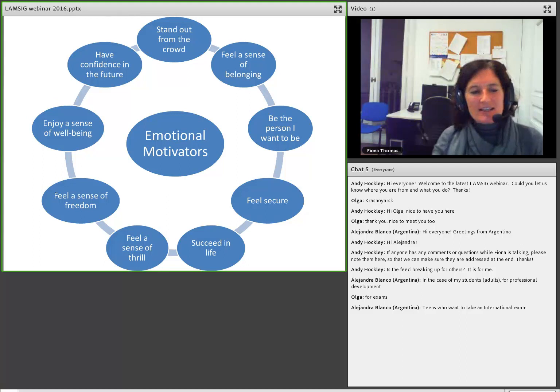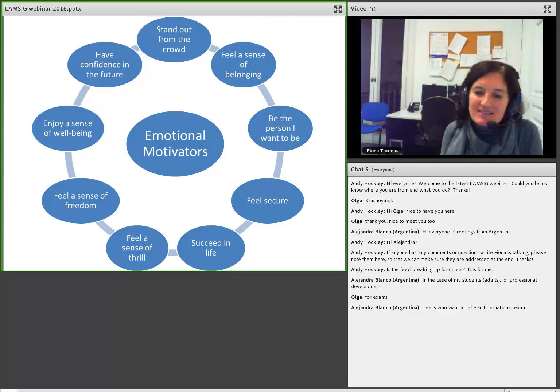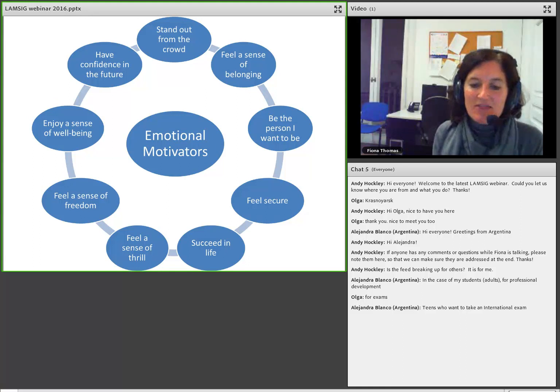And I find it fascinating. There's a lot being written at the moment about the importance of tapping into emotional motivators. And according to the research, when companies or language teaching organizations, doesn't matter what, connect with customers' emotions, the payoff can be very, very high. Yeah? And the idea is that emotional motivators drive consumer behavior.